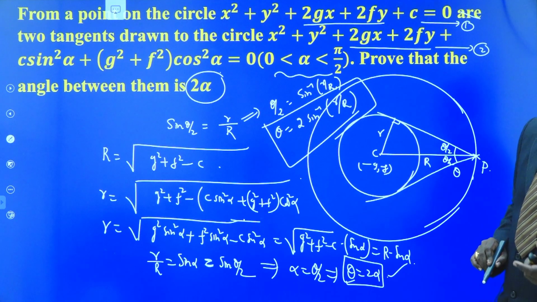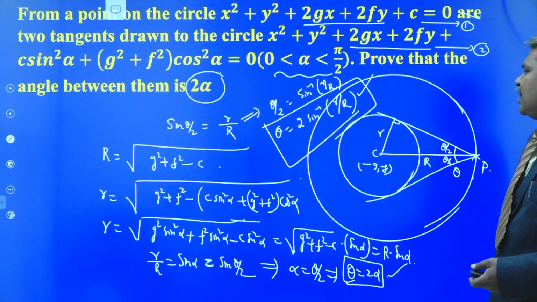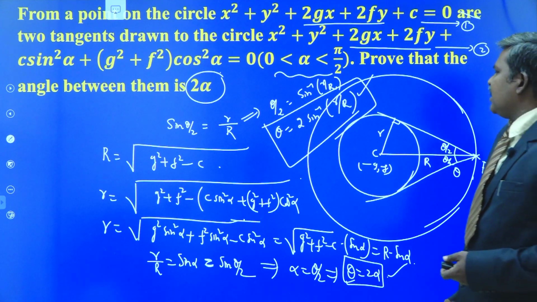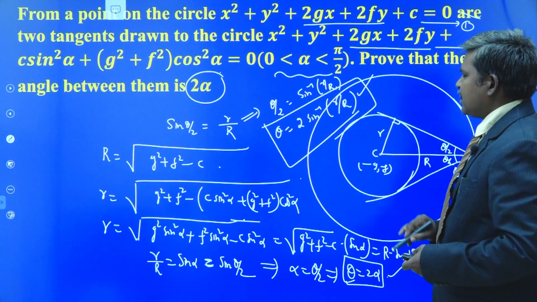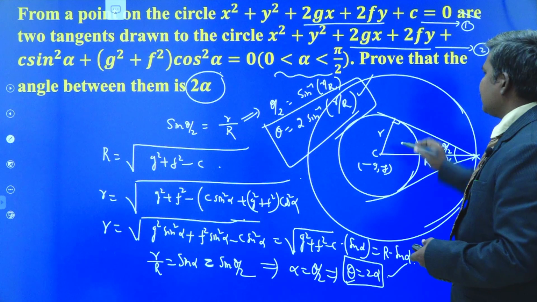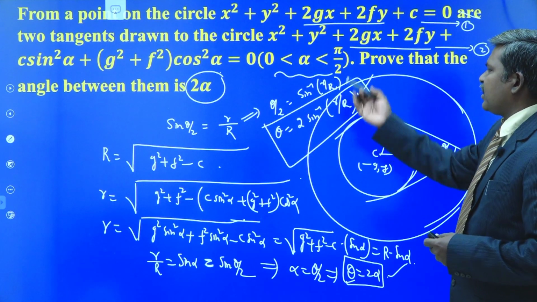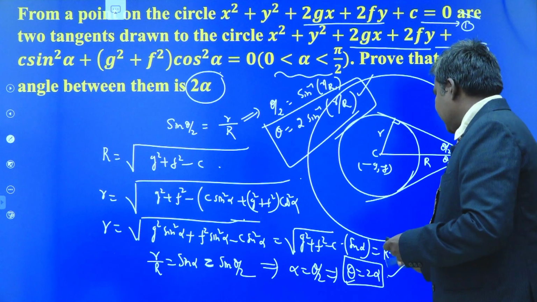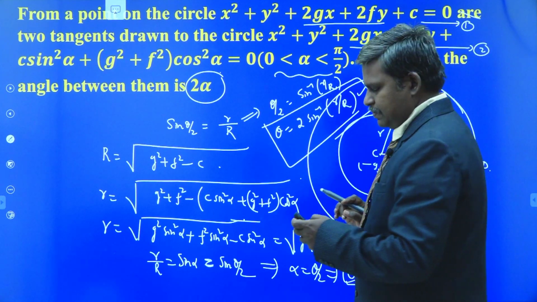If theta is the angle between the tangents, then theta is obtained by this formula: theta equals 2 sin inverse of small r by capital R. Small r is the radius of the internal circle and capital R is the radius of the external circle, both concentric to each other. With the help of this formula also you can show that theta is equal to 2 alpha. In this manner we can crack this problem.